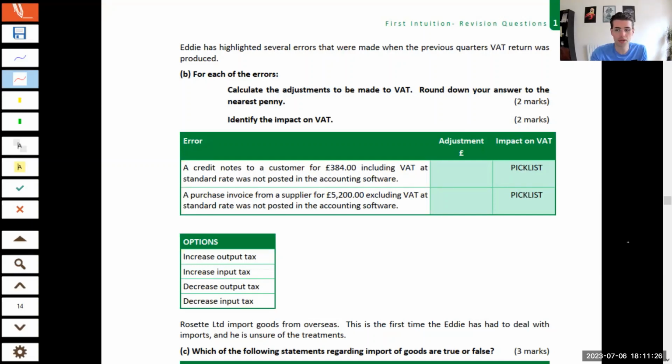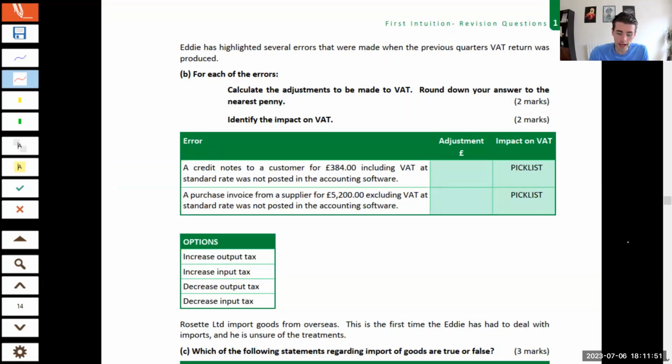The normal rounding rules apply in your exam unless you are told otherwise. That is the key point. Follow the usual rounding rules like you would in any other exam, unless there is a specific question that says round down to the nearest penny, round up to the nearest pound, etc. Normal rounding rules. I'm going to keep repeating that. I will say that again on Tuesday just to be thorough as well.